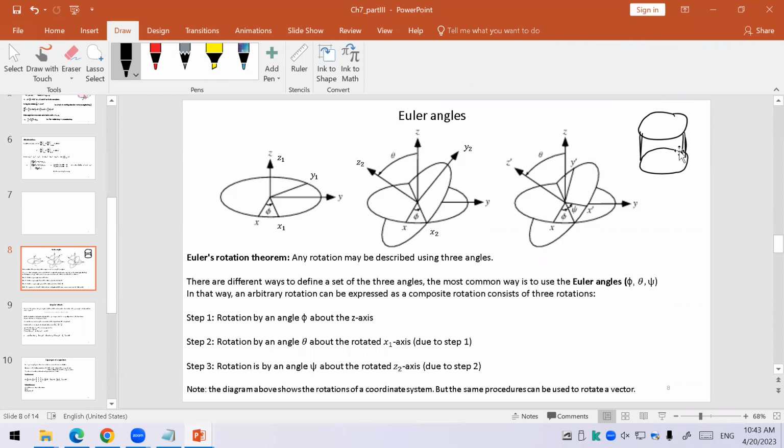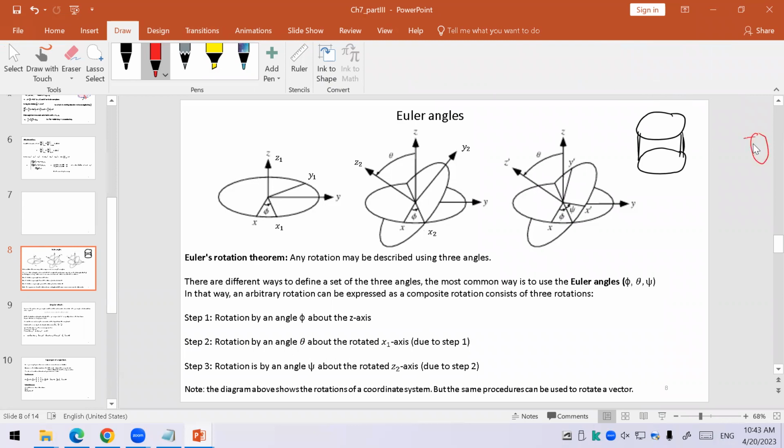And then after that, I want to consider the cylinder that is oriented like this. So how should I describe this? What you imagine is that you start with this, and then you just imagine that you can do a series of rotations to get to this.